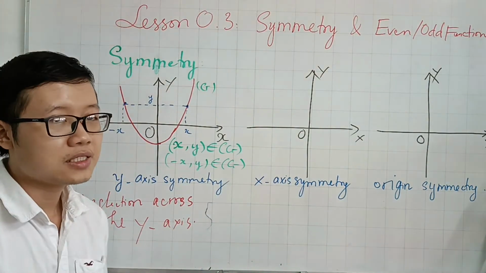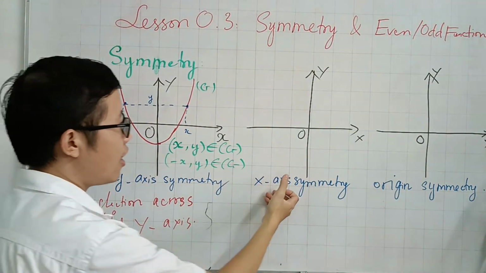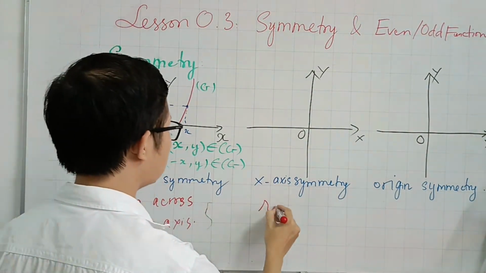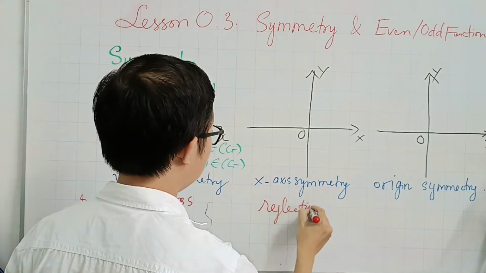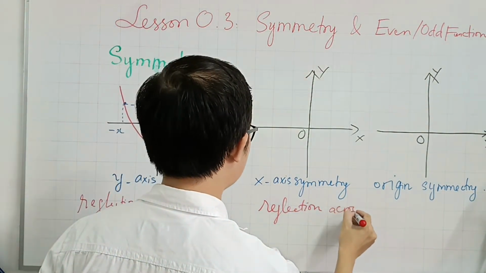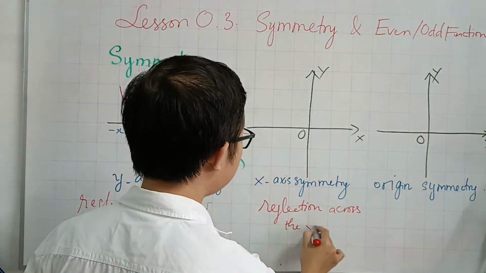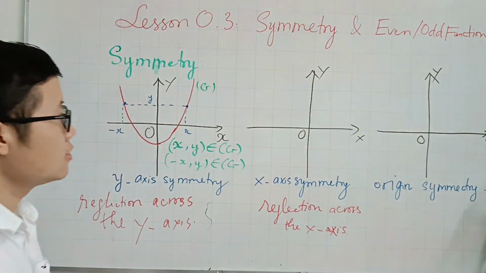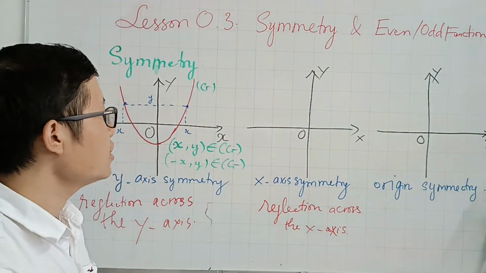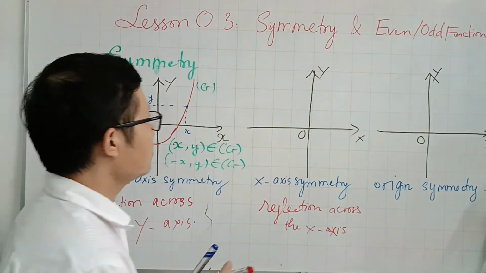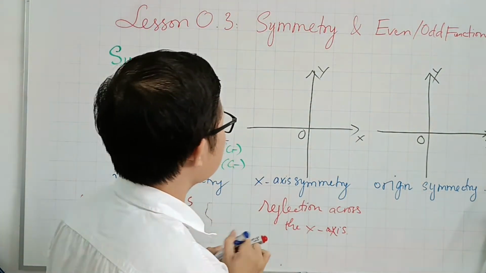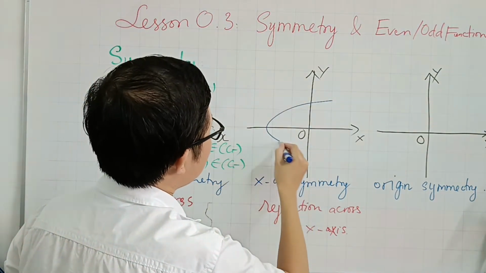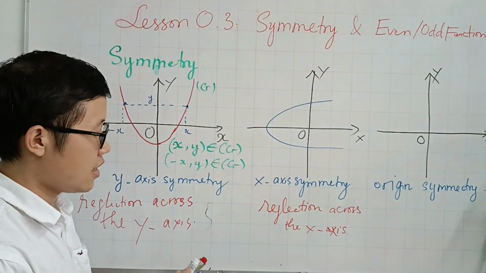It is the same manner with the x-axis symmetry, that is reflection across the x-axis. So we can sketch a graph here.